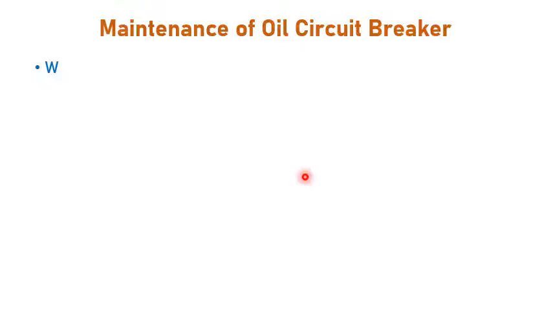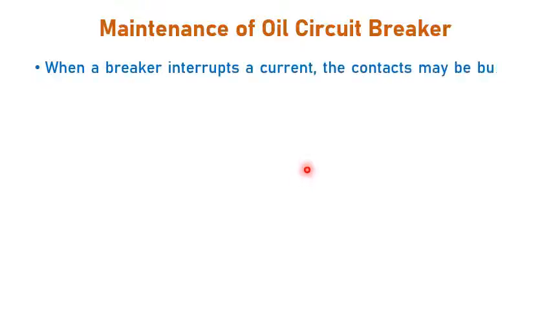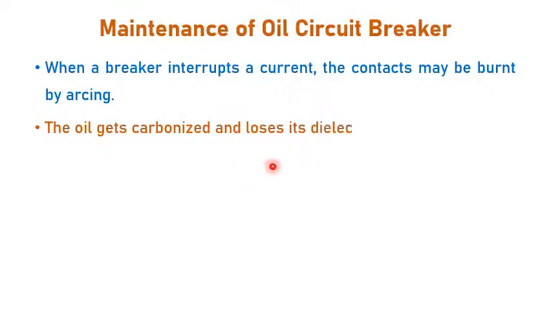Now let us discuss the maintenance of the oil circuit breaker. Whenever the breaker interrupts the current, the contacts may be burnt by arcing, because of the heat produced in the arc. And another problem is that if breaking operations occur more frequently, there is a possibility of the oil getting carbonized, and hence the oil will lose its dielectric strength.